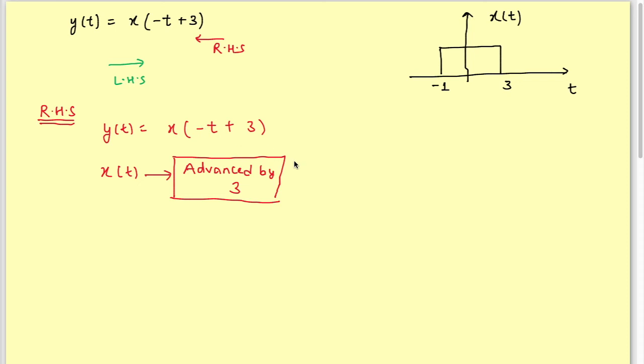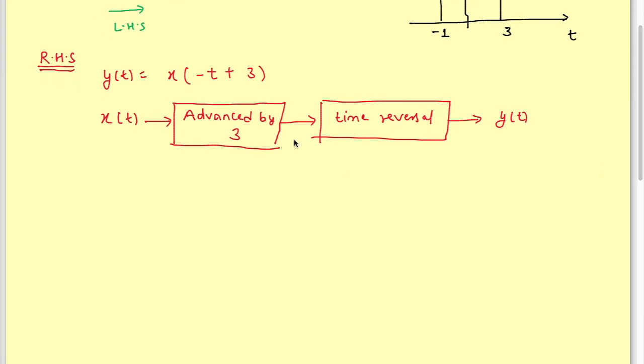Then there is a time reversal. Then it will become y of t. Now we know that if a signal is advanced by 3, then we have to shift it in the left hand direction, as we have seen in our previous class.